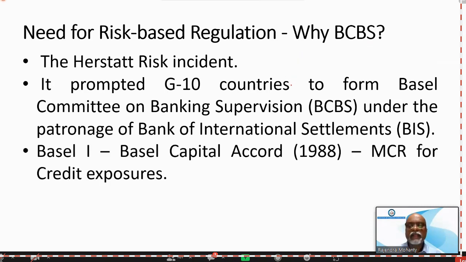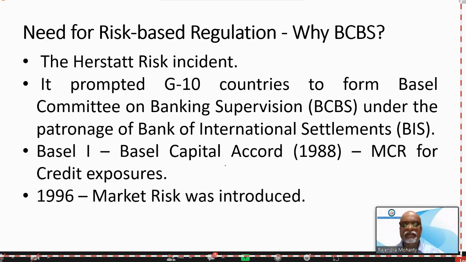So basically, this credit risk 8% was introduced in 1988 under Basel I. Then, after some time, they thought that the investment portfolio also has risk. So in the year 1996, market risk was introduced to cover the investment portfolio.